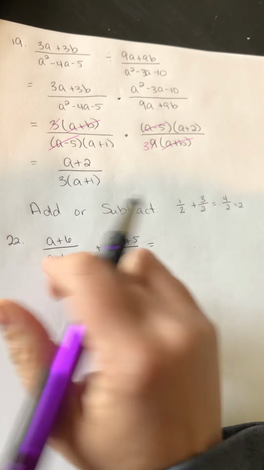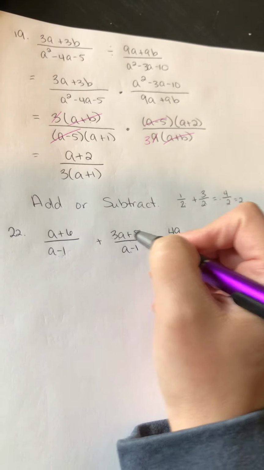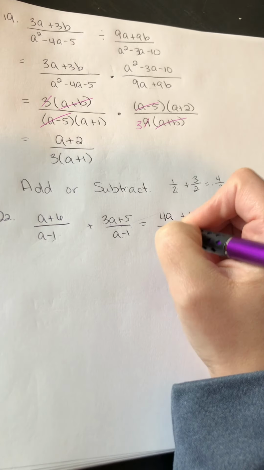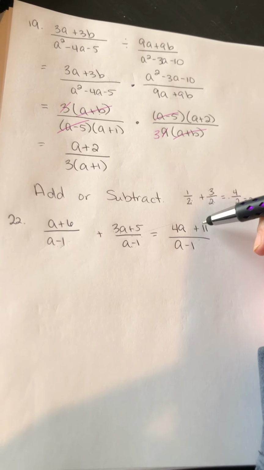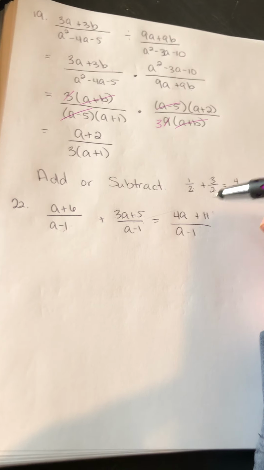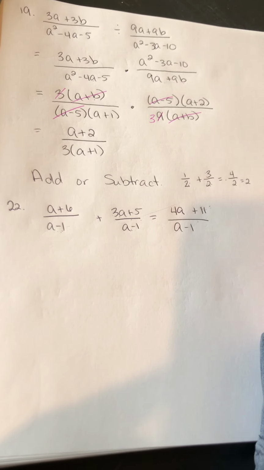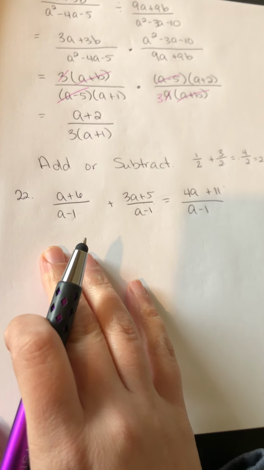So we've got a plus 3a, that gives us 4a. We've got 6 plus 5, that gives us 11, over our common denominator of a minus 1. Now when you get done with this, if the numerator can be factored, you want to factor it just to see if something cancels. But like I said, normally they're probably not going to.